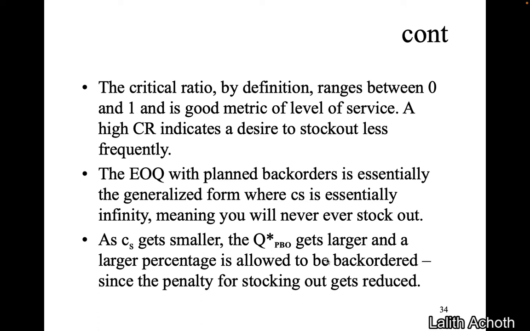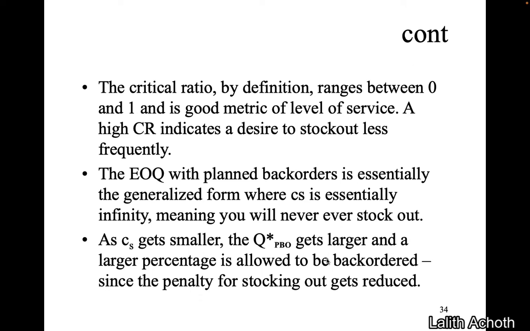So as the CS gets smaller, the Q star PBO, the probability of stocking out, gets larger. And a large percentage is allowed to be back ordered since the penalty for stocking out gets reduced. So remember that. As the CS gets less, the economic order quantity gets larger as a larger percentage is allowed for back ordering.